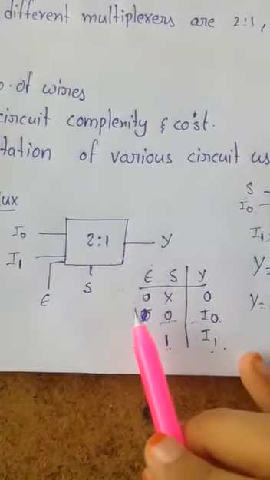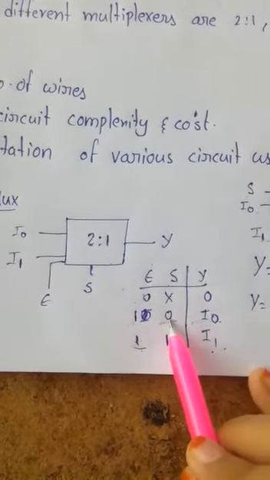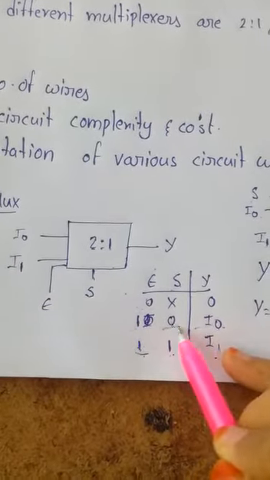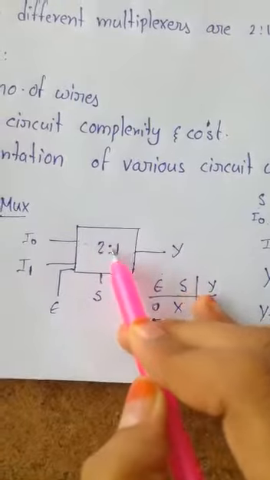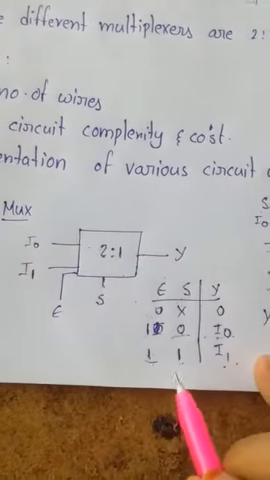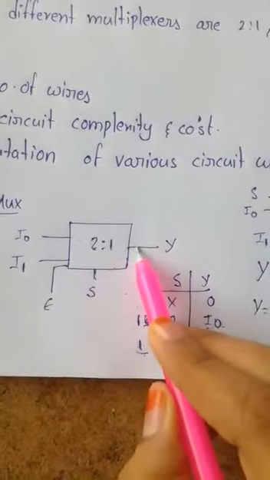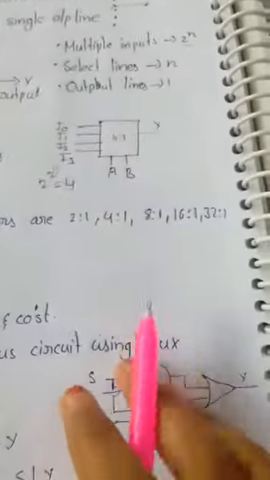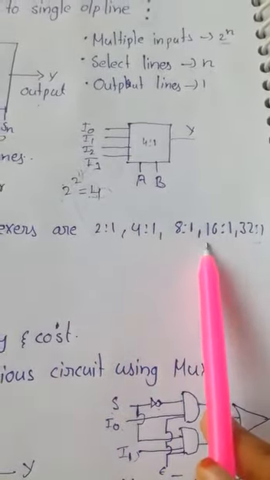Now we take enable as 1. By using the select line 0, we get the output as I0. If we have select line 1, the output is going to be I1. In this manner, we have different multiplexers, that is 2:1 mux, 4:1 mux, 8:1 mux, 16:1 mux, 32:1 mux.